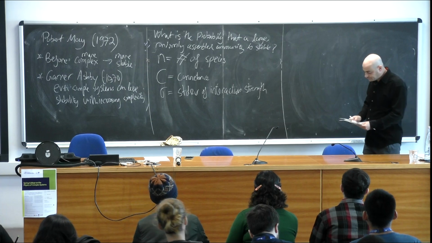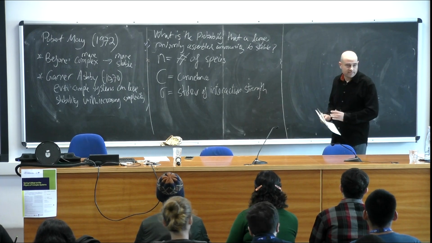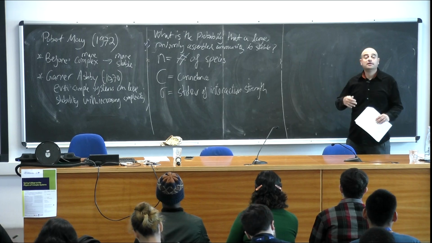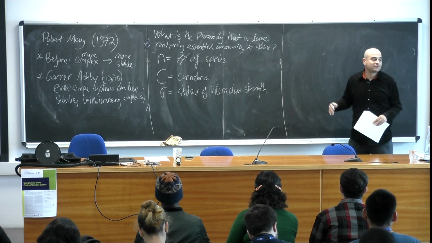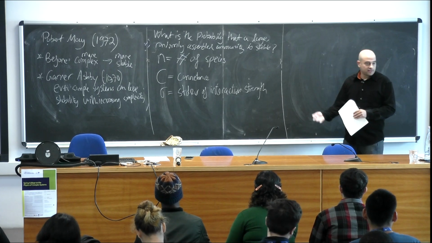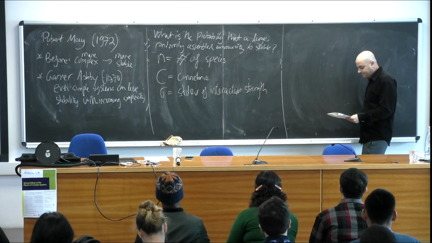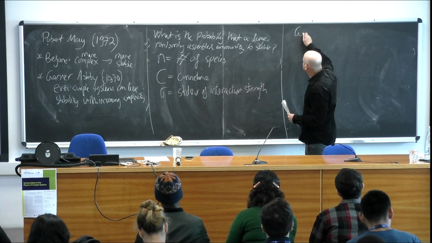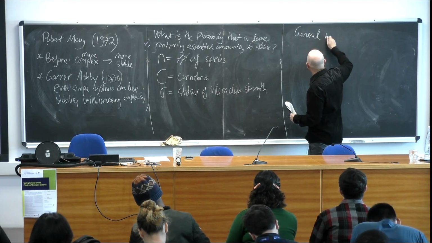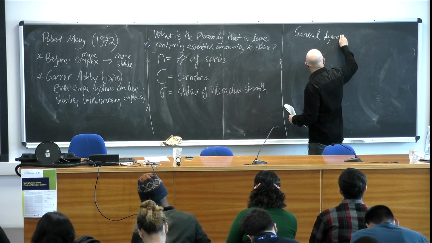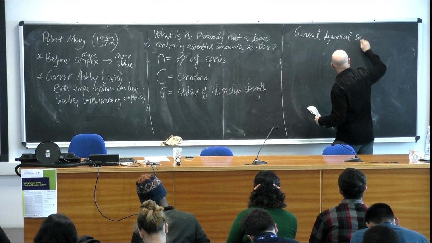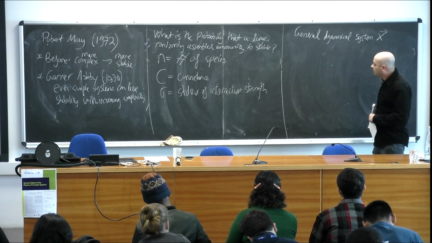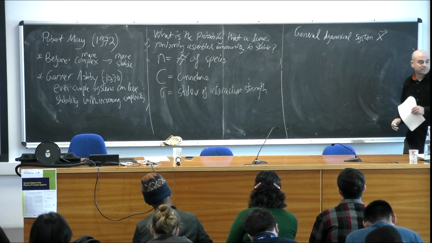Okay, so what is the formalism? The formalism is very simple, but then it will rely on some highly non-trivial random matrix theory results, which we will not derive, we will just state. Okay, so the formalism is that we have a general dynamical system, right, which includes x vector of species.